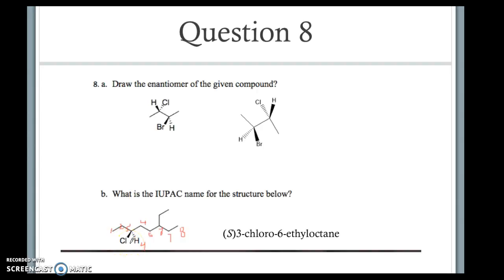Chlorine has the higher atomic number out of the 4, so this will get the first priority. And R will go clockwise while S will go counterclockwise. So we will have a 1, 2, 3. Because of that, our chirality is S. It is counterclockwise. So this will give us the IUPAC name of S-3-chloro-6-ethyl-octane. And this concludes my final exam.